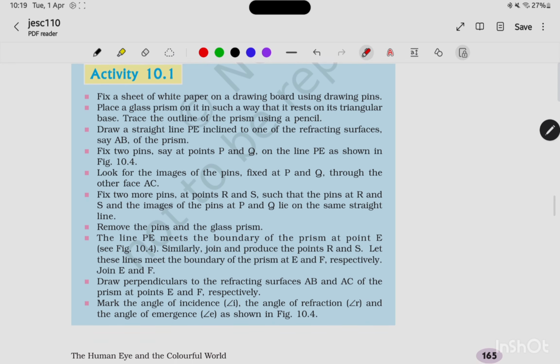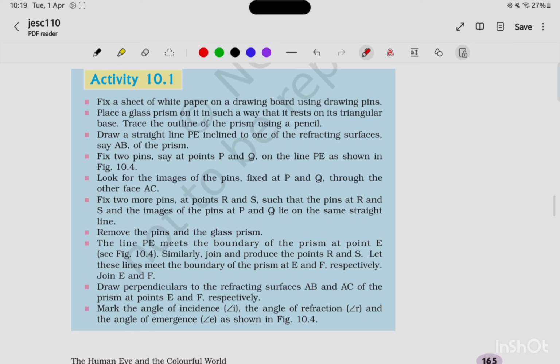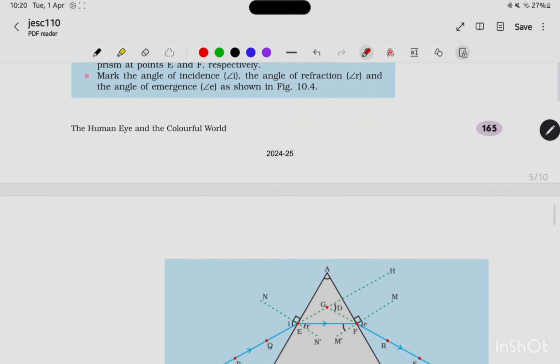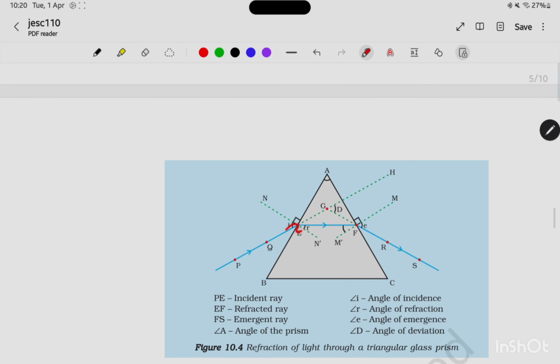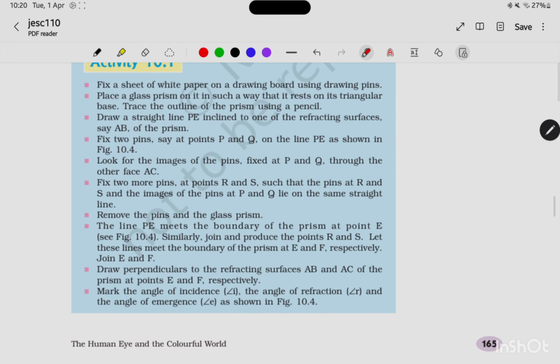Now, what else next? Fix two pins, say at points P and Q, on the line PE as shown in figure 10.4.